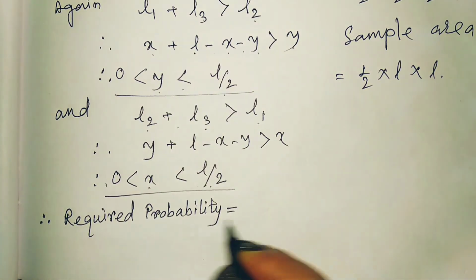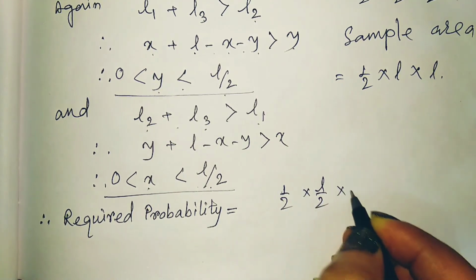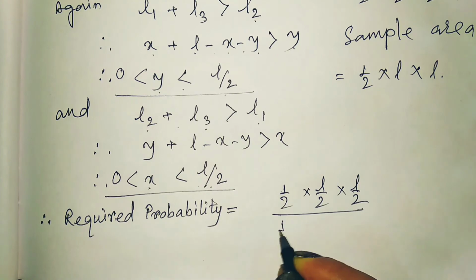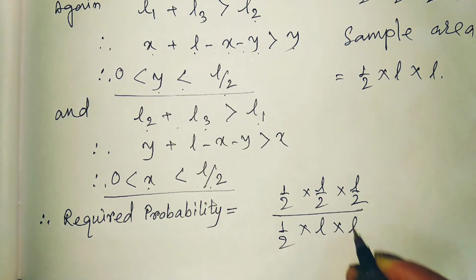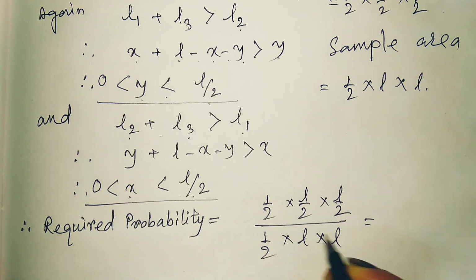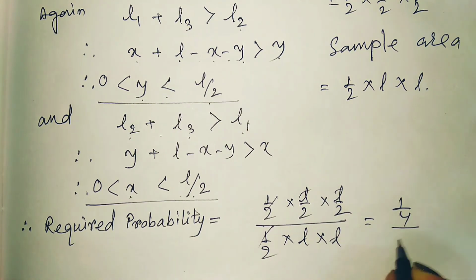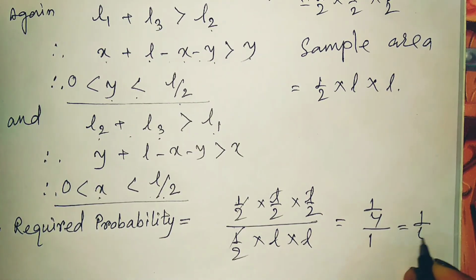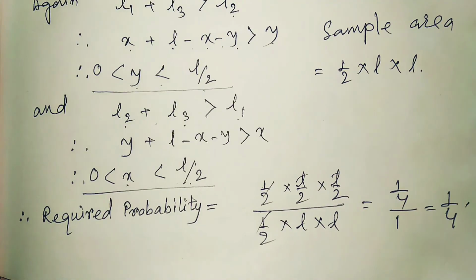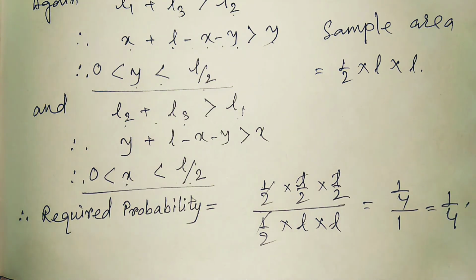So the required probability we can write is half into L by 2 into L by 2 divided by half into L into L. If we simplify, then L into L cancels out and half cancels out. So it is 1 by 4 by 1, so that is equal to 1 by 4. So 1 by 4 is the probability that the wire cut into three pieces forms a triangle.